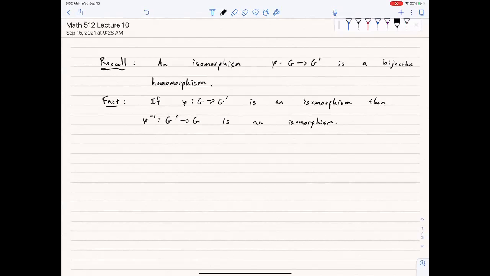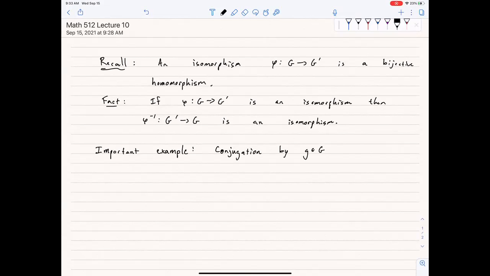So a crucial example of an isomorphism that we see frequently in group theory is something called conjugation, say by an element g, and this is what's known as an automorphism.